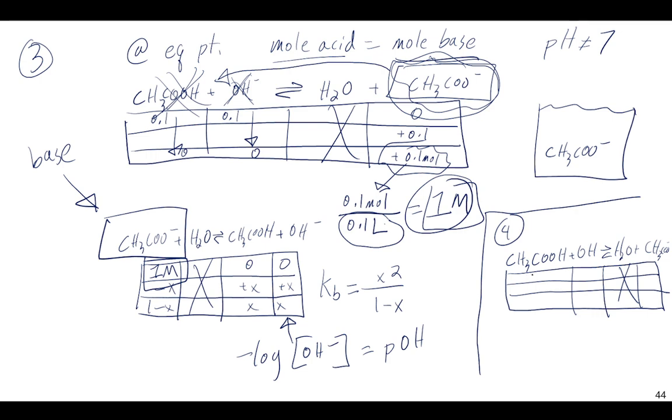You're going to calculate moles of acid and moles of base, and here you've added too much base, so you'll be starting with too much OH minus compared to the weak acid you began with. Okay, and so here the weak acid gets completely neutralized, and goes to 0.